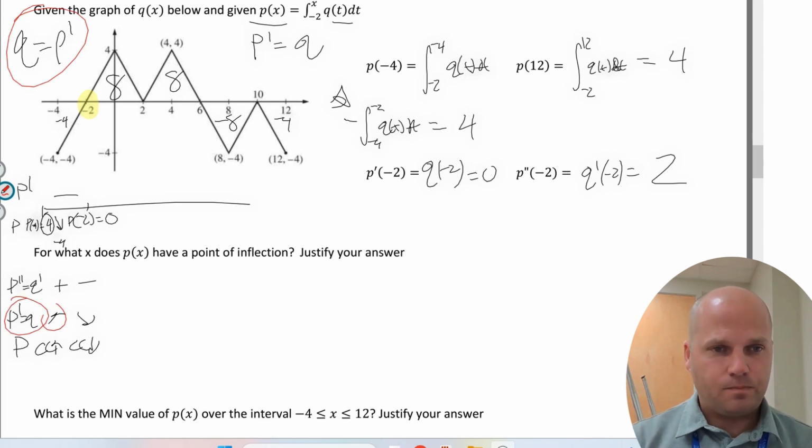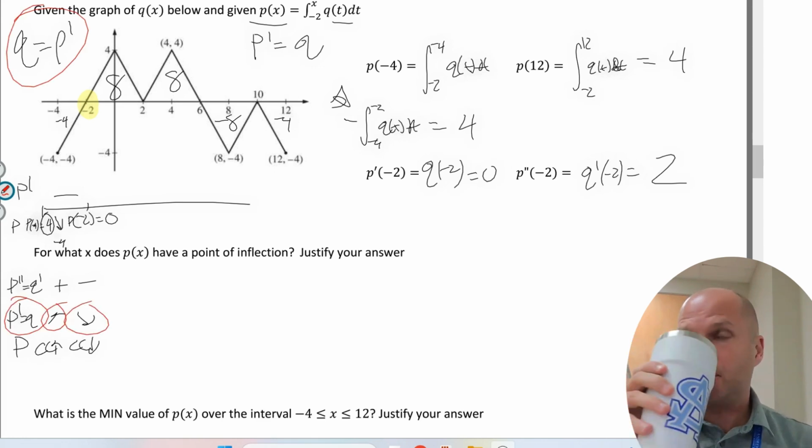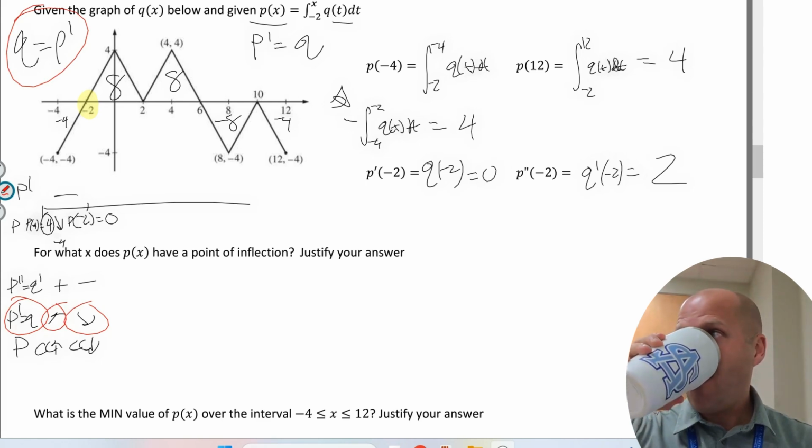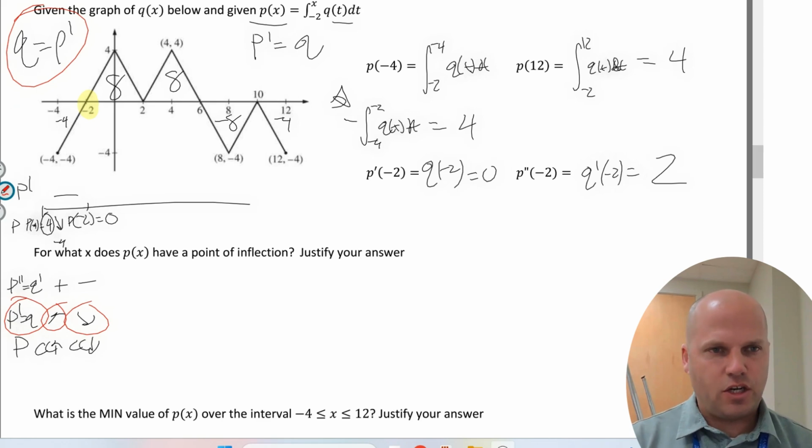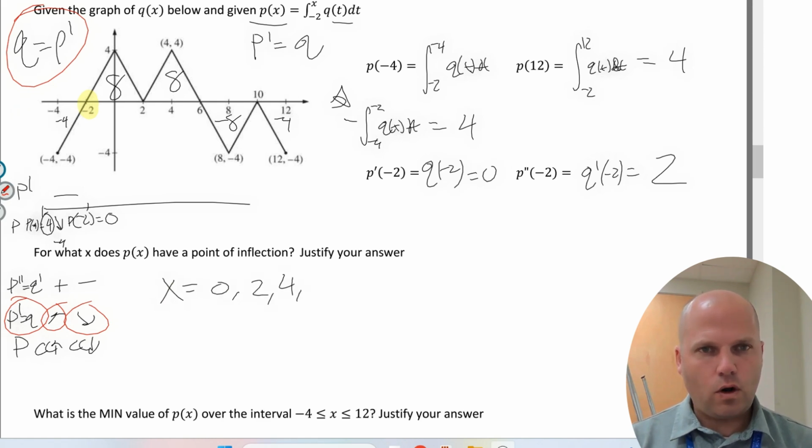So I'm going to look at when P prime or Q changes direction, from increasing to decreasing or decreasing to increasing. Let's just go with change of direction. So that's x equals 0, 2, 4, 8, and 10.